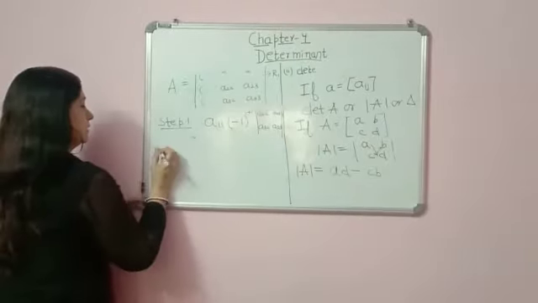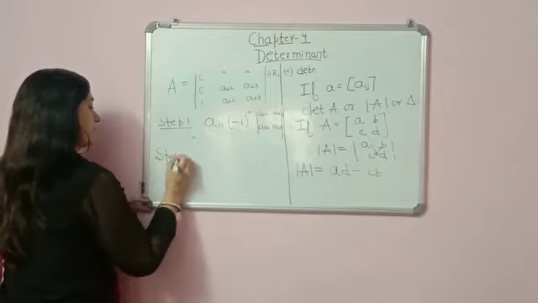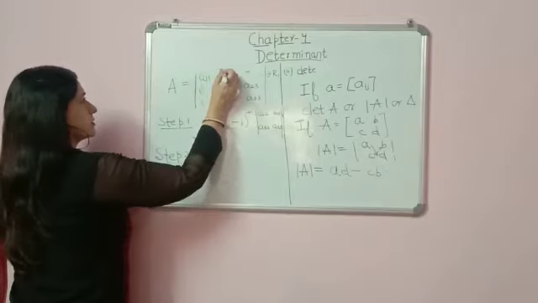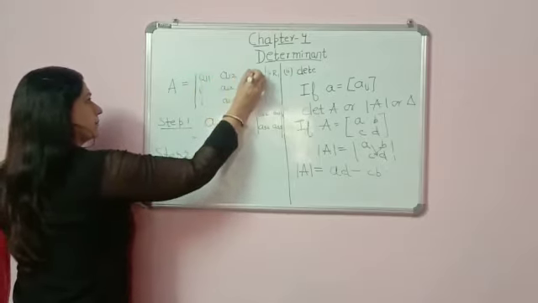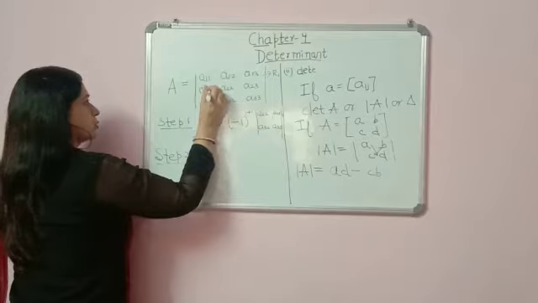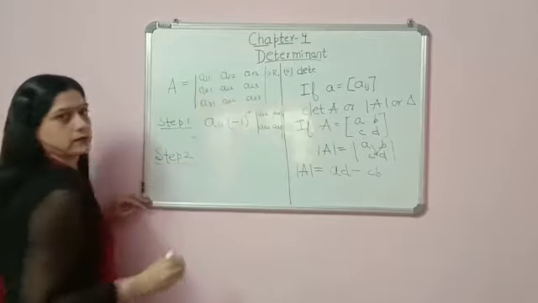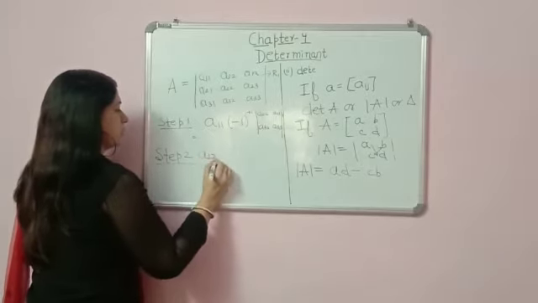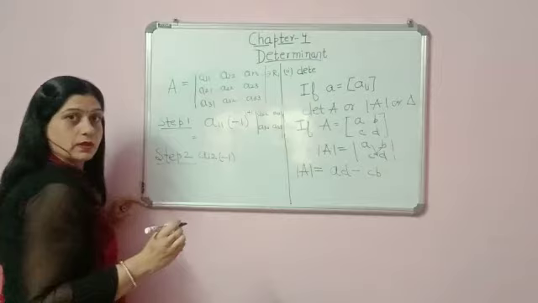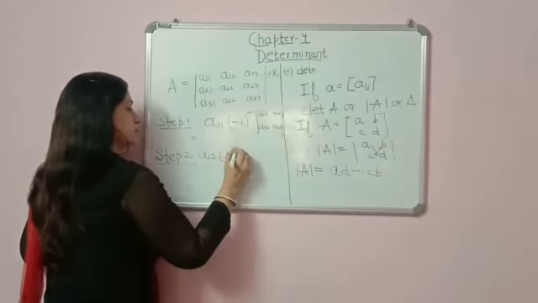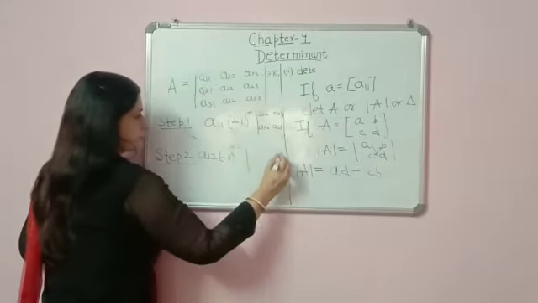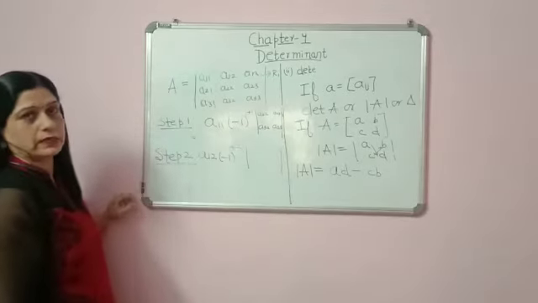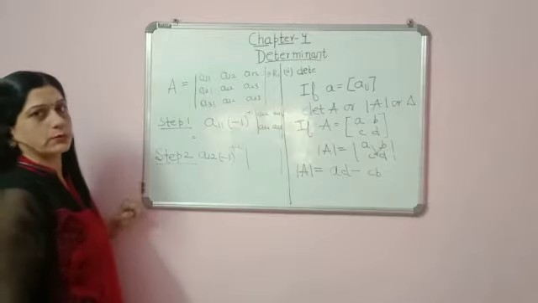Next, step 2 is: take the next element, that is a12, into -1 to the power 1 plus 2, and then multiply it by the submatrix obtained by deleting the ith row and jth column of this term.